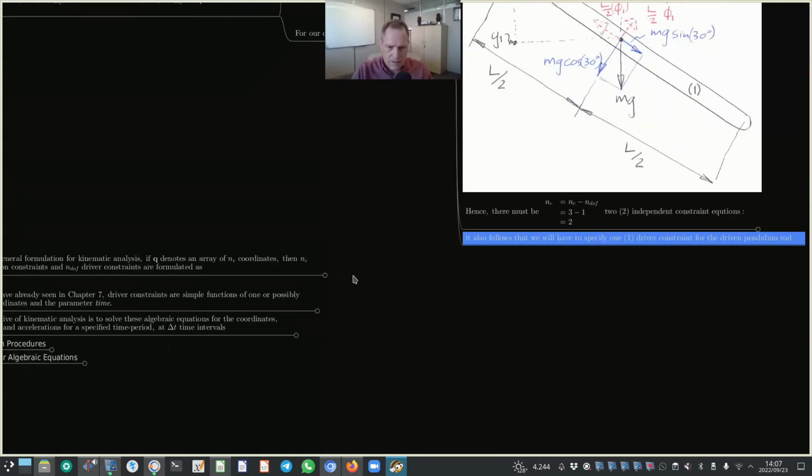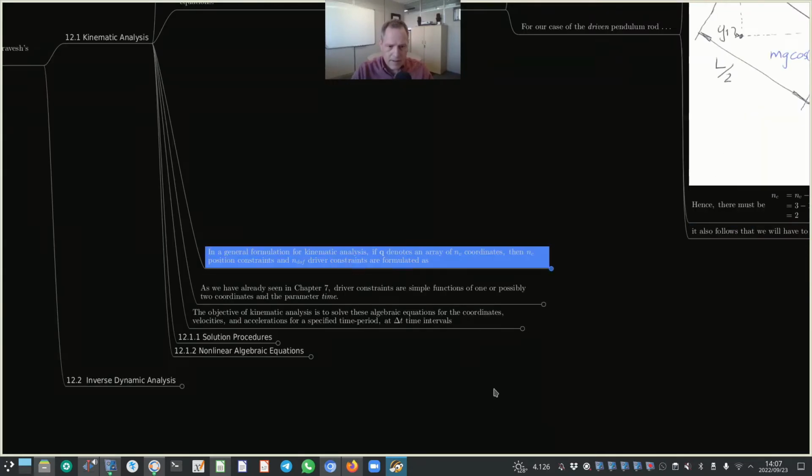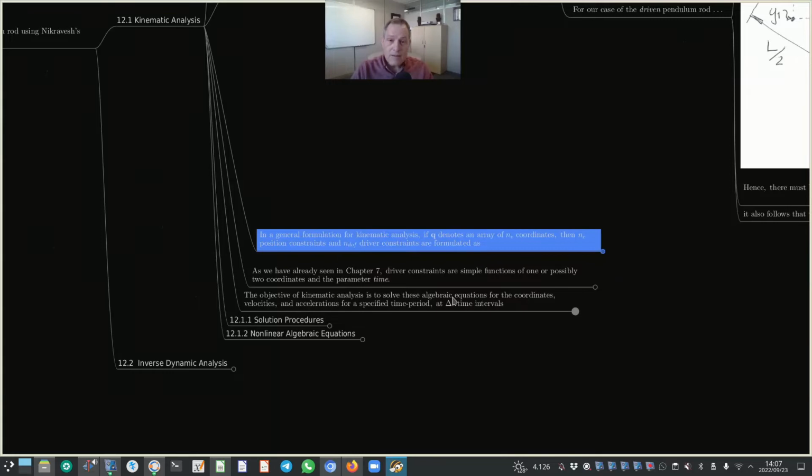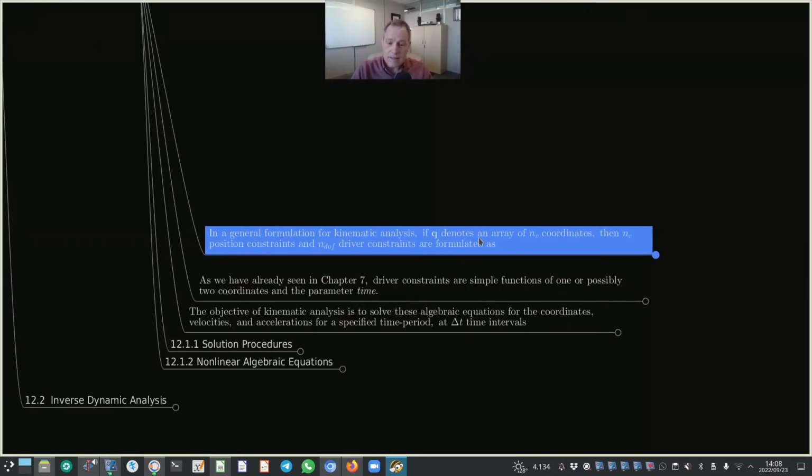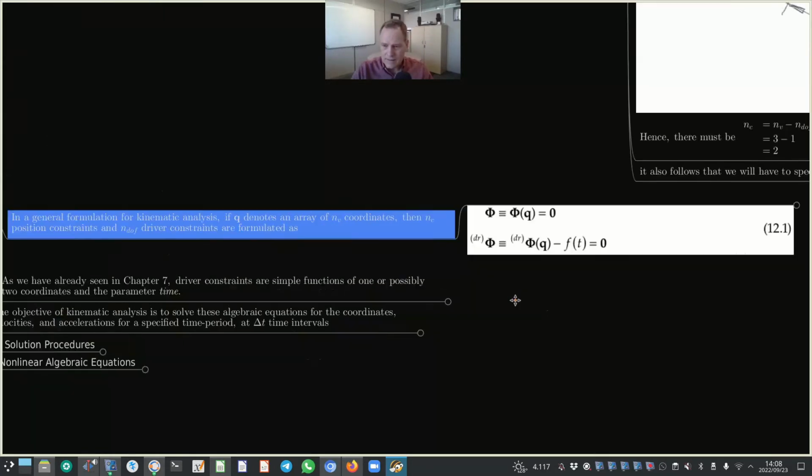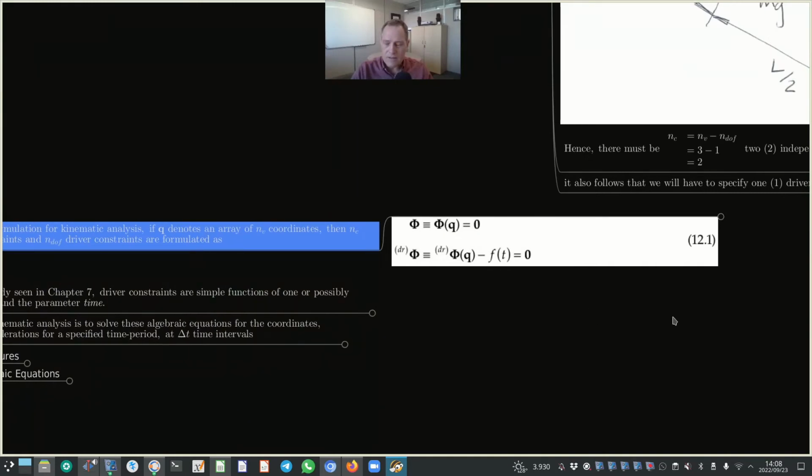Now in general, let me repeat, in a general formulation for kinematic analysis, if boldface Q denotes an array of n subscript v coordinates, then n subscript c position constraints and n degrees of freedom driver constraints are formulated as shown here in equation 12.1.